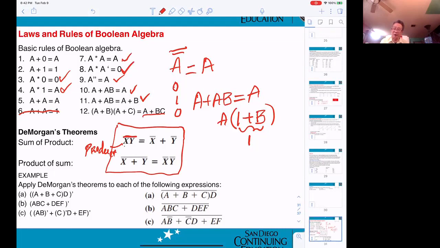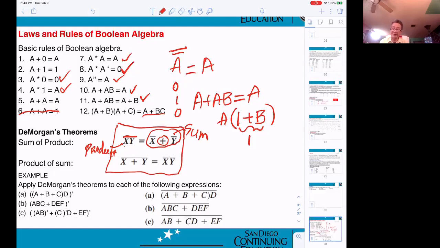X will turn out to be not X. X and Y have to be converted to the OR. Okay? And Y going to not Y. So this is the sum. So you're converting from product into a sum.